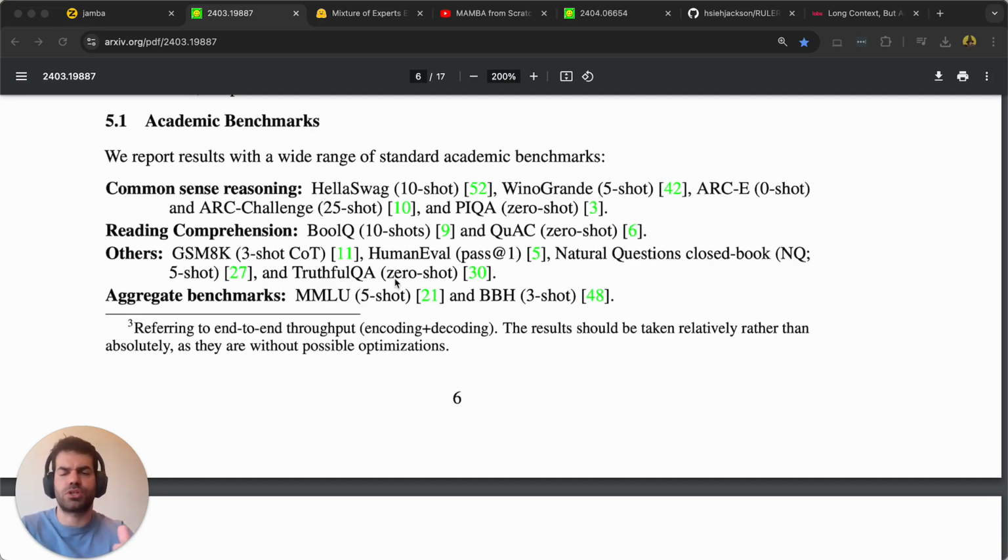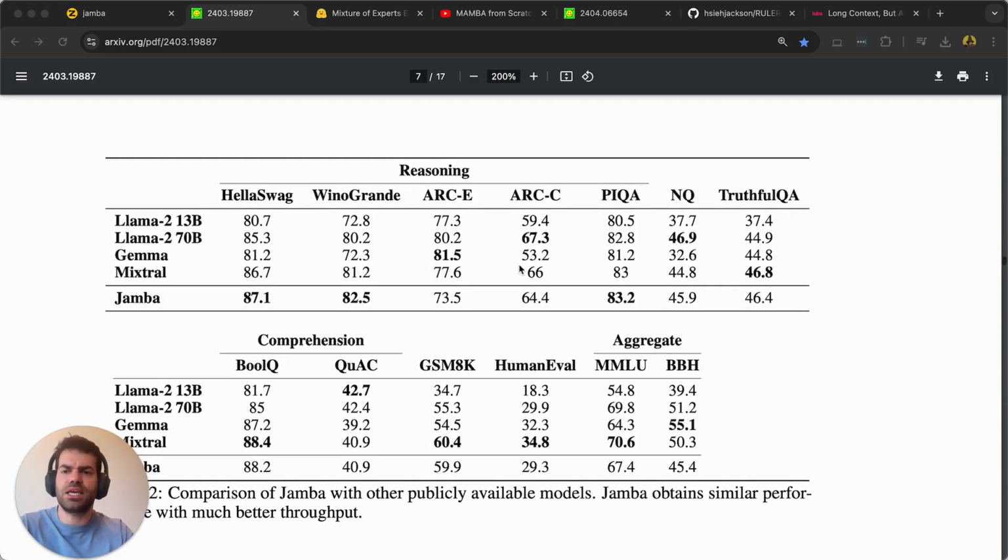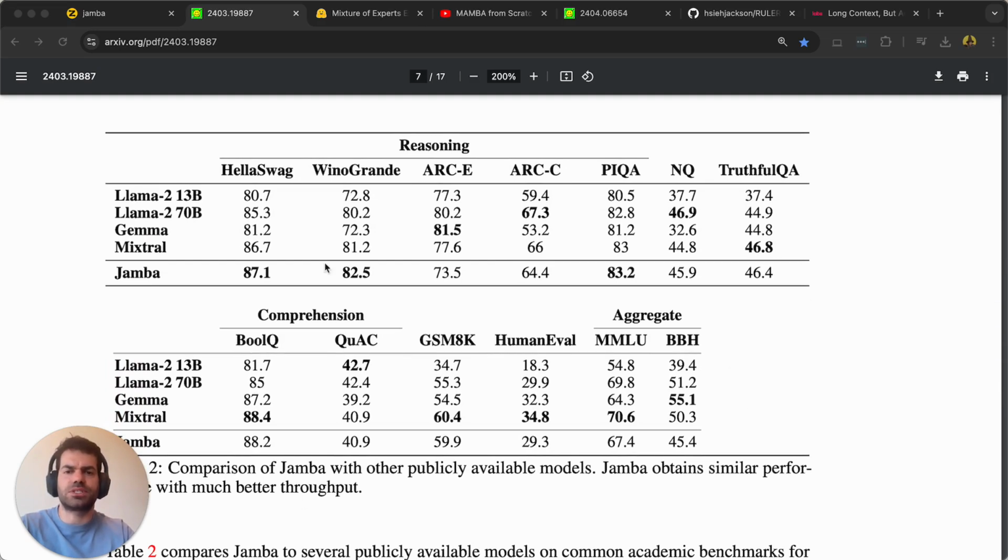Both of these are question answering benchmarks, and MMLU, of course, and BBH. And you can see here the results of the model that was released in March. What you will see now on the internet are the results of the new Jambas. We have 1.5 Mini, which is the same architecture as this one, the same size, and Large, which is the same architecture, but much bigger.